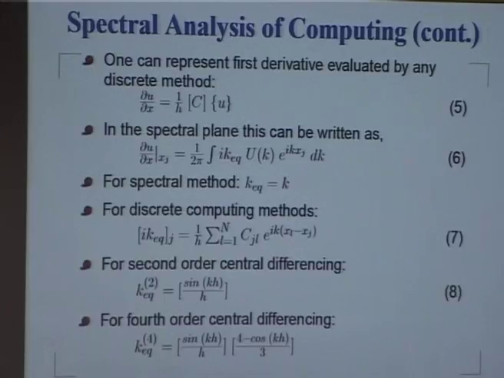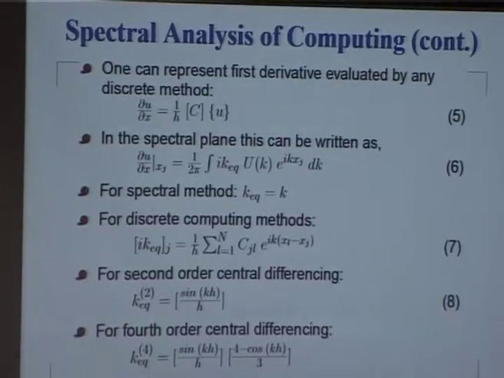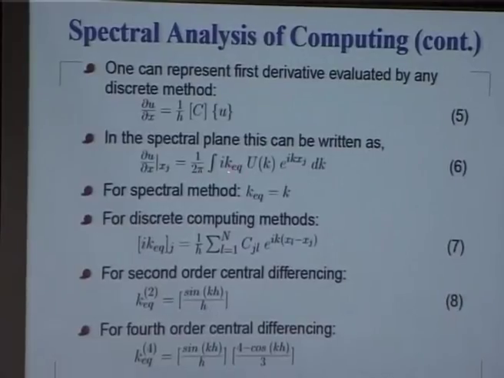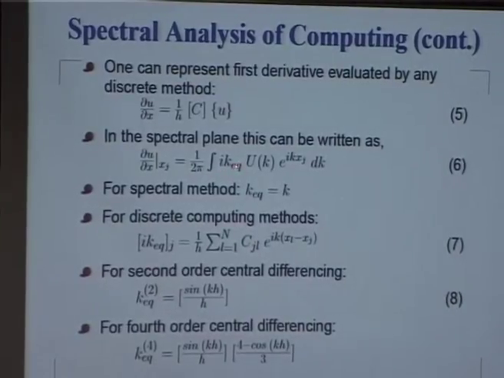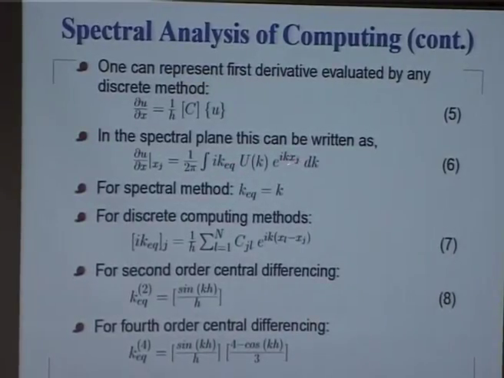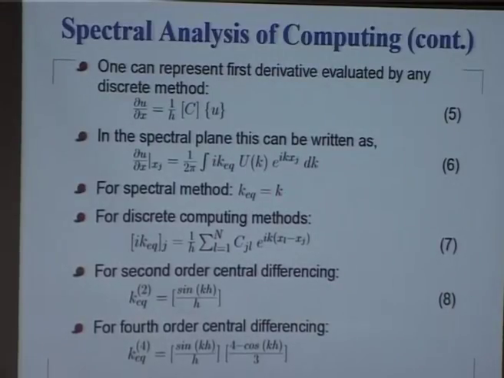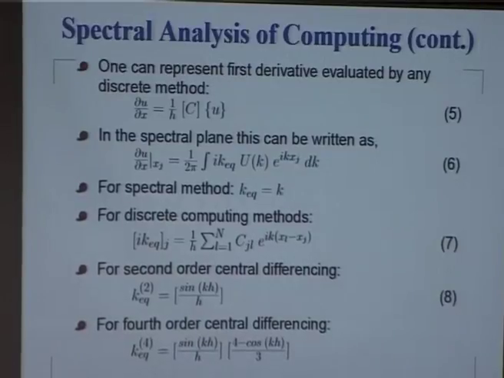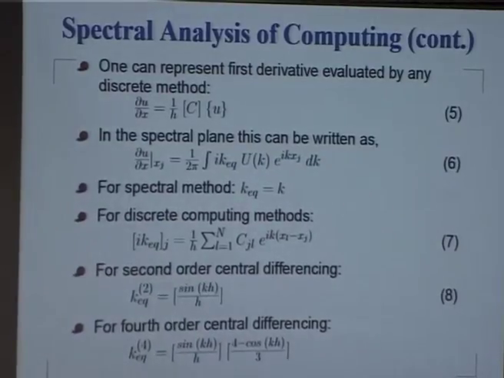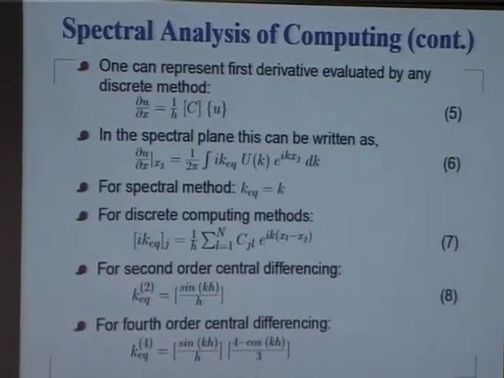Even though we could refer back the point in terms of x_j, my k has changed to k equivalent. If I had done a spectral method, then that k equivalent is k.